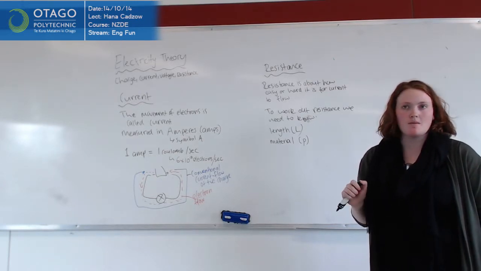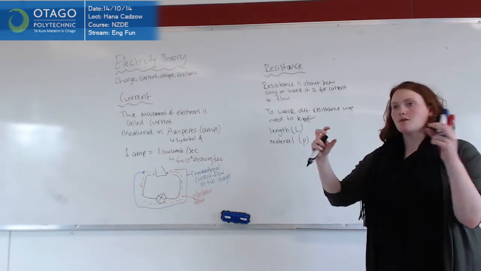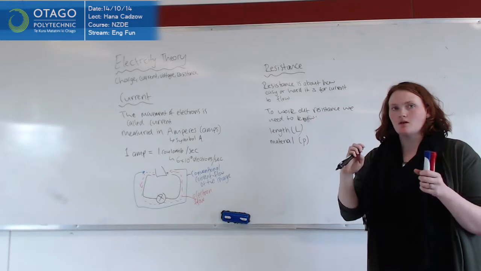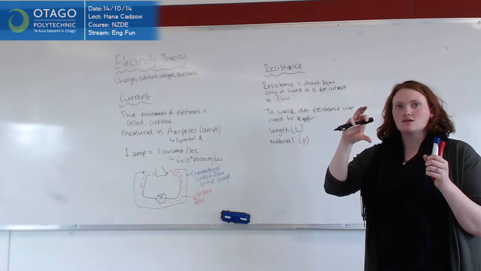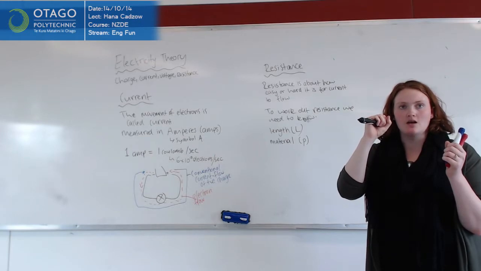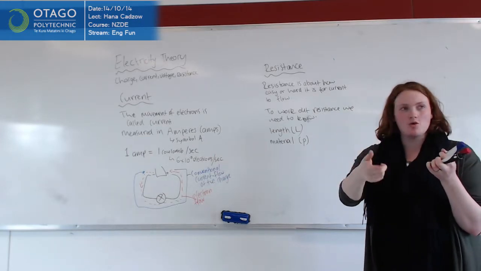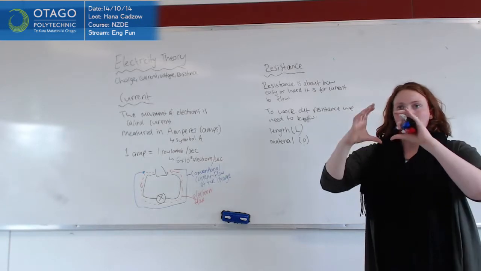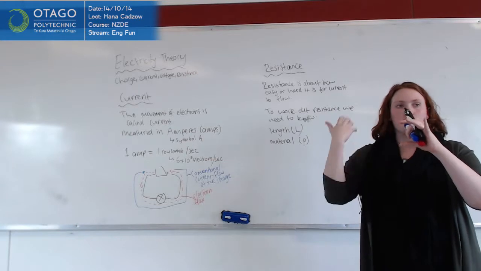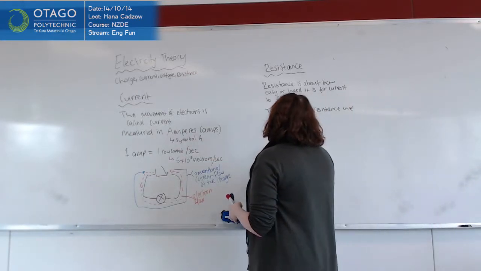And what else might matter? If we think about a bit of wire, for example, how long it is, what it's made of, and the area, how fat it is. If it's got a really tiny area, the resistance will be higher, less electrons can flow through. If it's a really massive wire, more electrons can physically get through there. So we're talking about cross-sectional area.